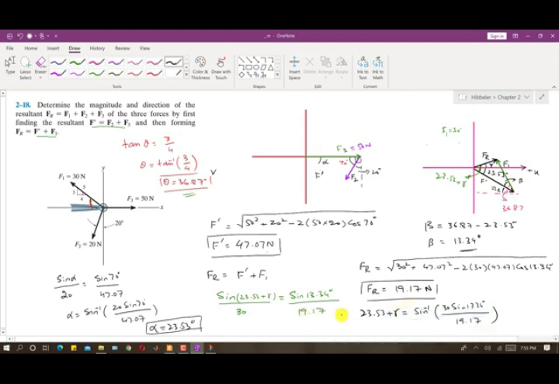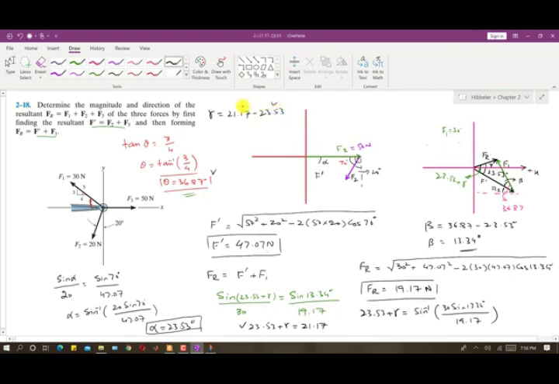When we solve this, 23.53 plus gamma comes out to be 21.16, or we can write 21.17. So if we want to find gamma using this equation, gamma is equal to 21.17 minus 23.53. This is greater than this.